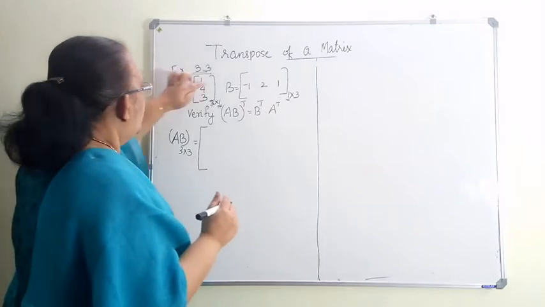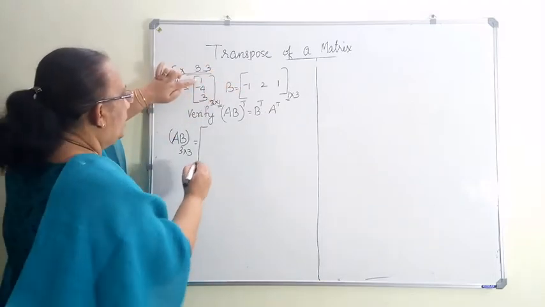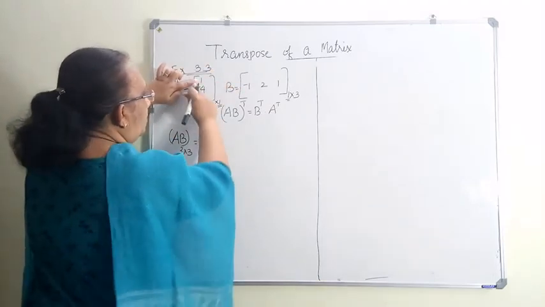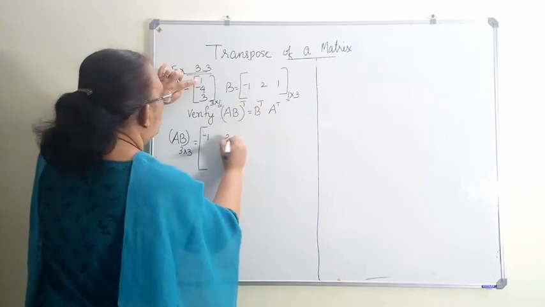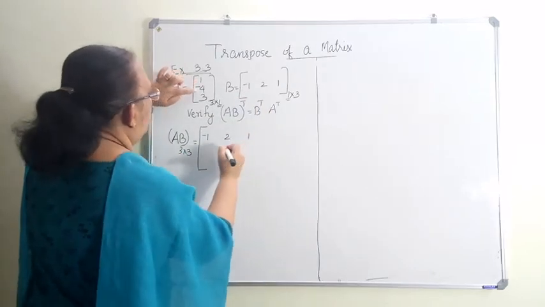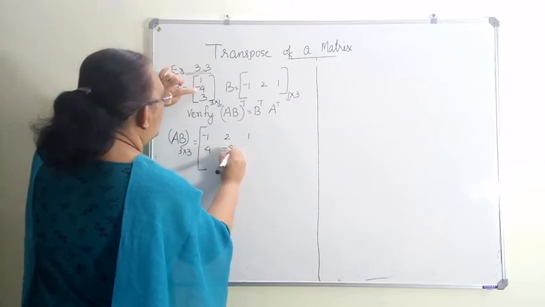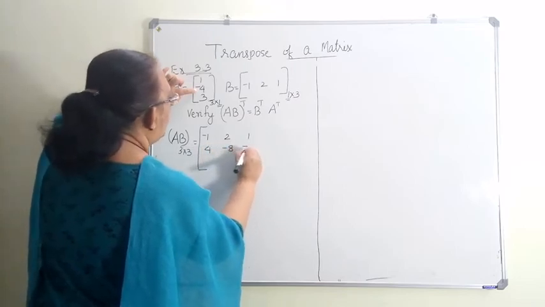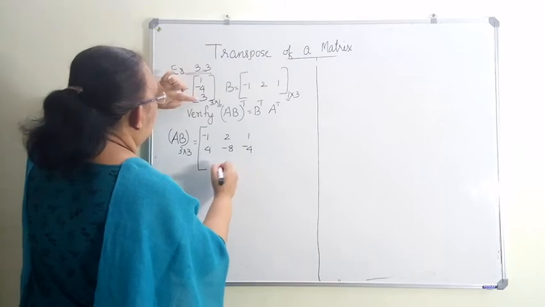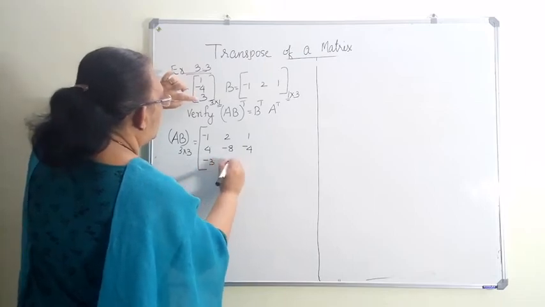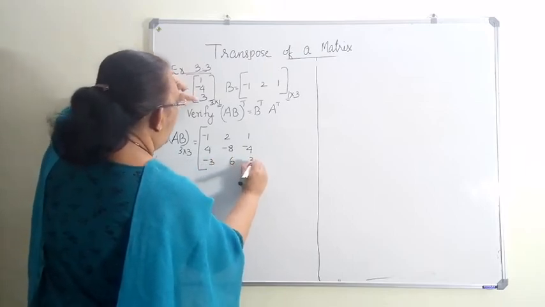Okay. First row into the first column, 1 into -1, -1. First row into the second column, 1 into 1, 1. Minus 4 into minus 1, 4. Next one is minus 8. Next one is minus 4. 3 into minus 1, minus 3, 6 and 3.